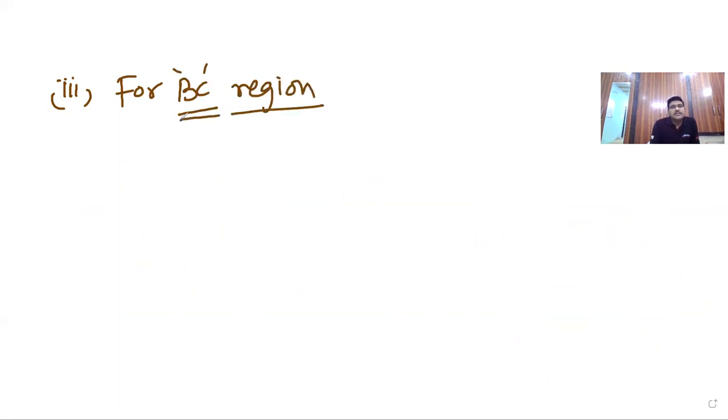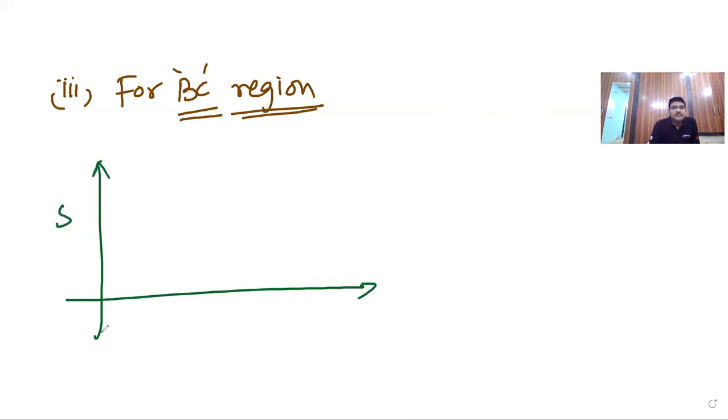Now let us take up the third one, that is for the BC region. Let me take up the graph. On the y-axis is displacement, with the origin, and on the x-axis is time.